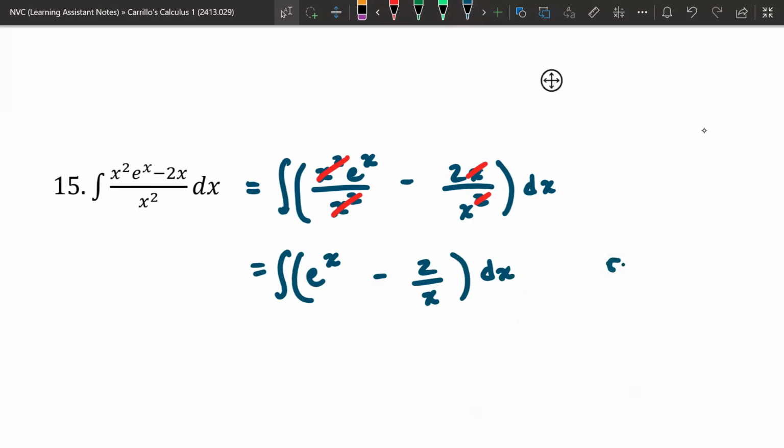And then again, remember, 2 over x is equal to 2 times x to the -1.